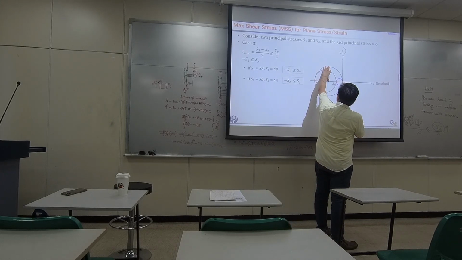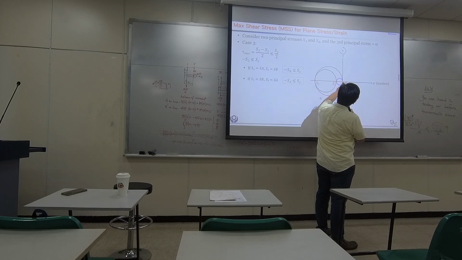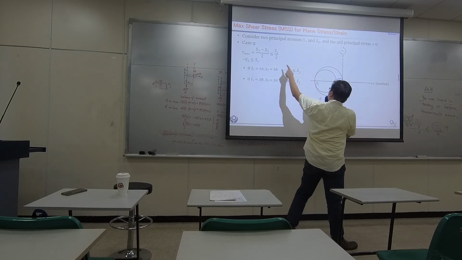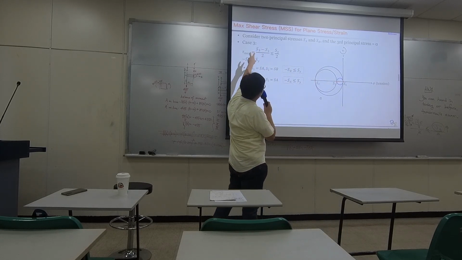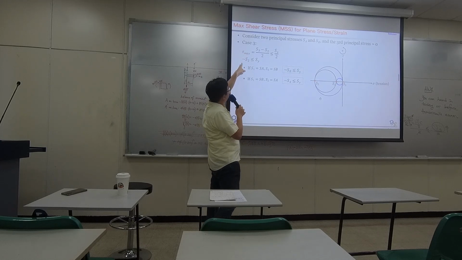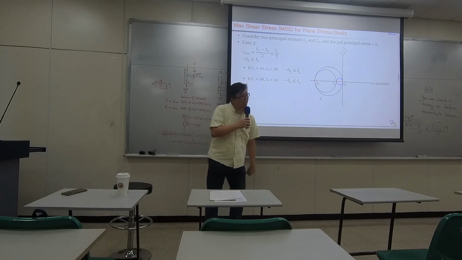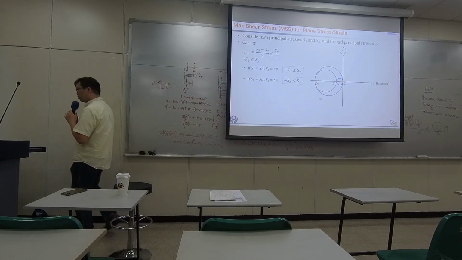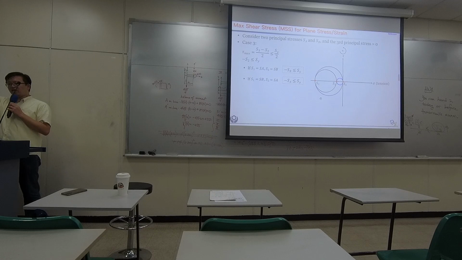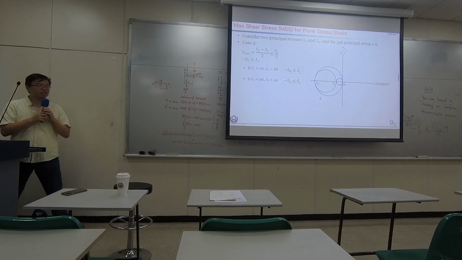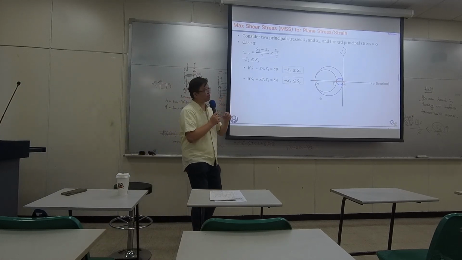The radius could be computed by S3 minus S2 divided by 2, and your S3 is 0. That's why you have negative S2 smaller than or equal to Sy. And similarly, S2 could be lying on A or B, so you again have two more equations. Now we have 4 equations highlighted by those red boxes.